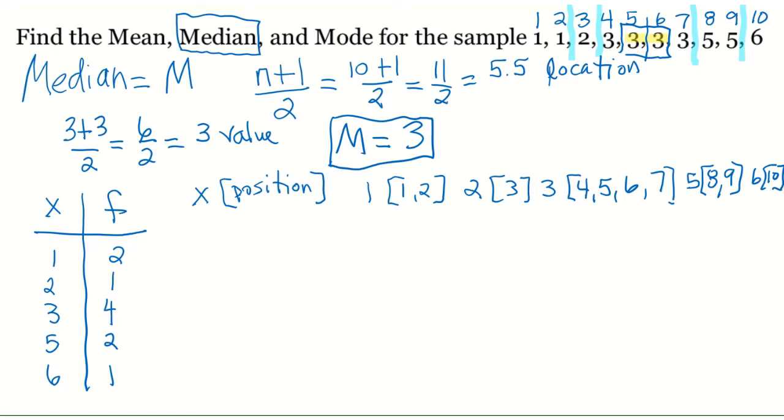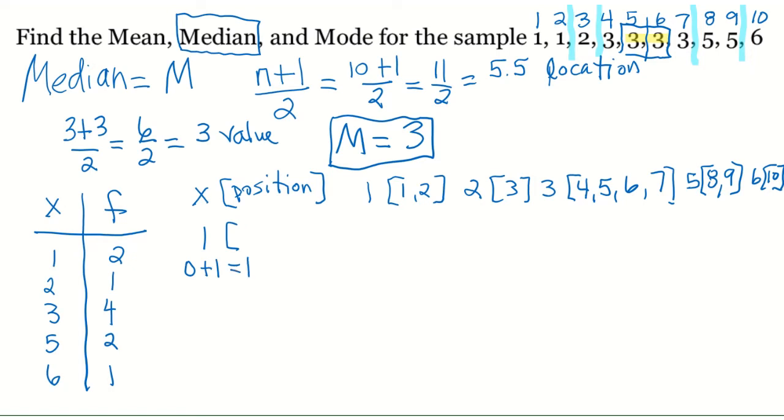Now we can easily see this when they're written down in a row, but if we were just given the frequency table, then there's a trick for easily figuring out the range where each of these data values fit in. So let's use our frequency table. For the first one, we're going to write down 1. And then to figure out the lower end, we're going to take the number 0 and add 1.